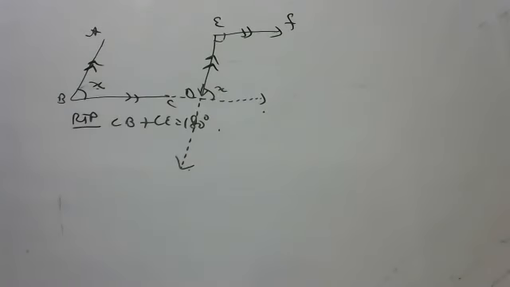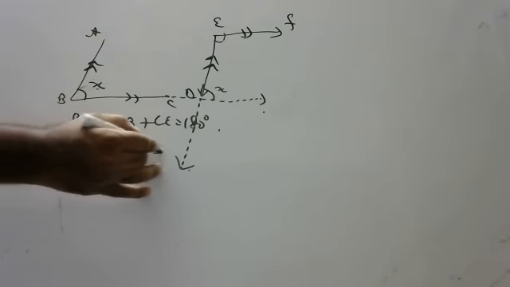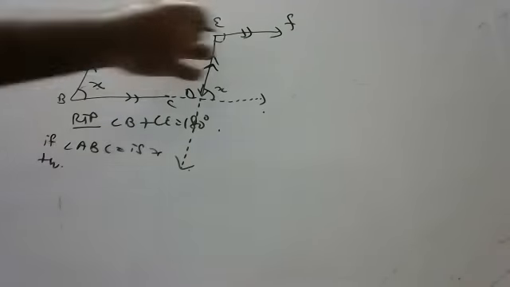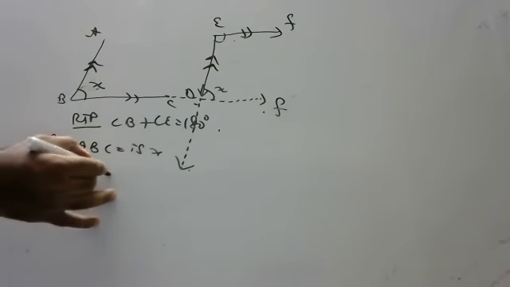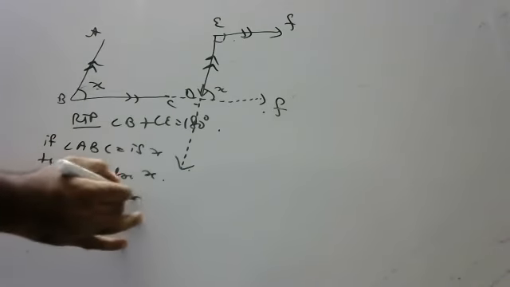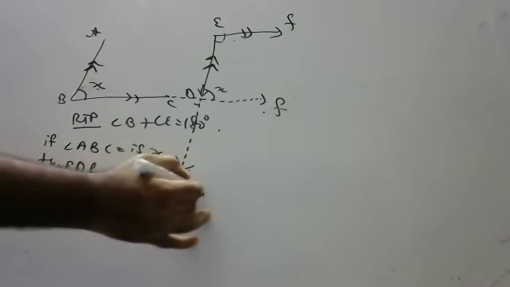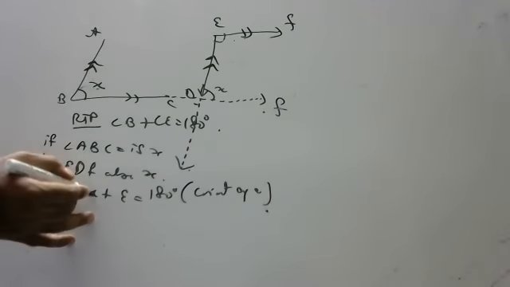Are you able to understand, children? See, if angle ABC is X, then EDF is also X. Now, X plus E is equal to 180. Why, children? Co-interior angles are supplementary. But X is what, children?